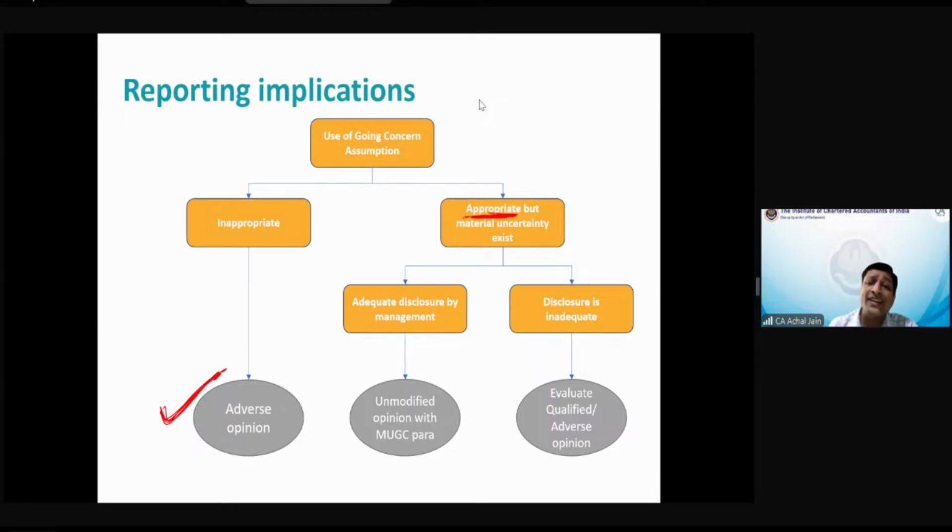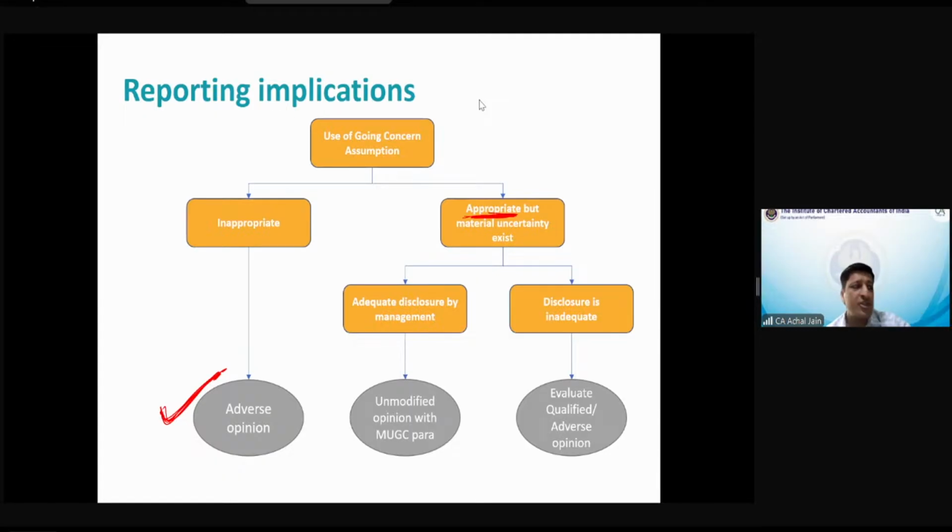Because if there is a material uncertainty in the financial statements, then the decision making of the users could get impacted if they get to know about it. And when would they get to know about it? Only when there will be a disclosure or the disclosure will be adequate or appropriate. If the management doesn't disclose or doesn't disclose it appropriately, this can significantly impact the users.